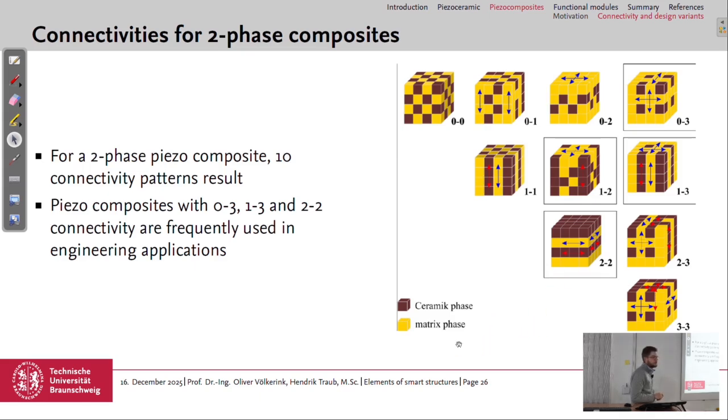Is this clear? So the first one is the ceramic and the second one is the matrix. And if we have in this row 1, we have always fibers of ceramic, and the matrix phase changes: also fibers, or plate-like or two-dimensional matrix extension, and here it is three-dimensional.